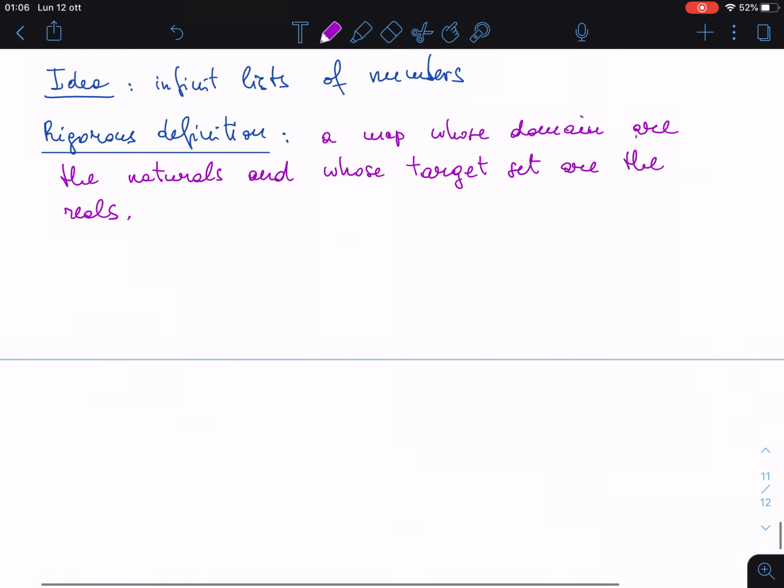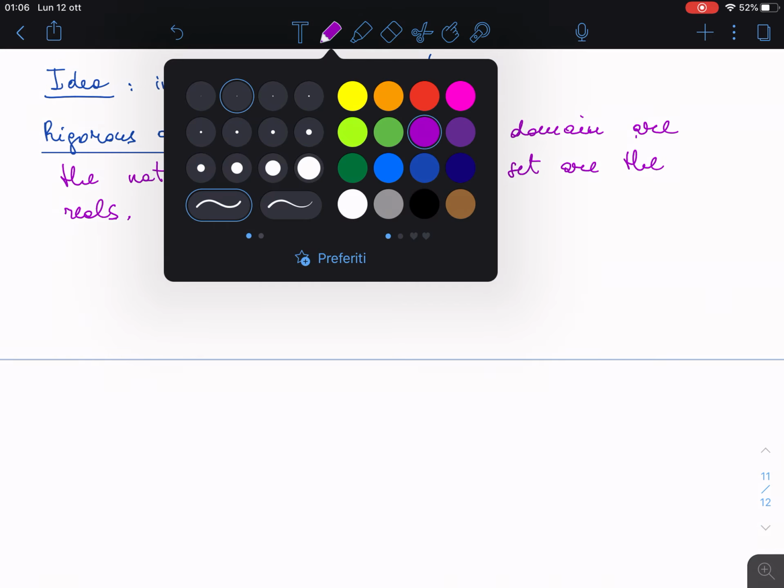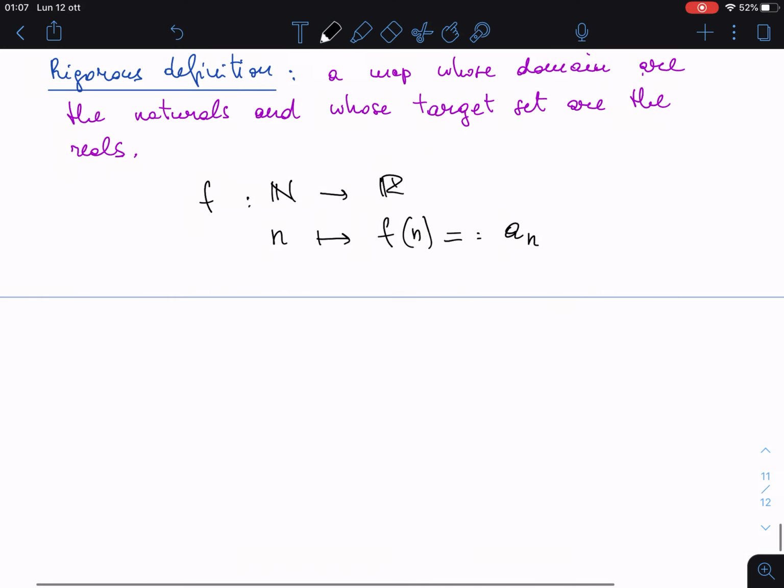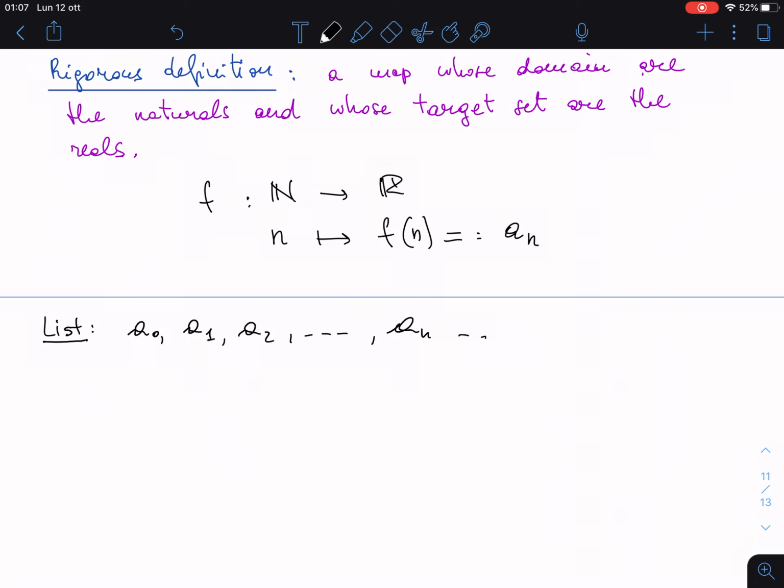This is the rigorous definition, which means a function f from N to R that to every natural number n associates a real number f of n, that is generally denoted by a_n. So you see the following list of numbers is generated. You have a0, a1, a2, and so on, a_n. Okay? Whatever list you want.